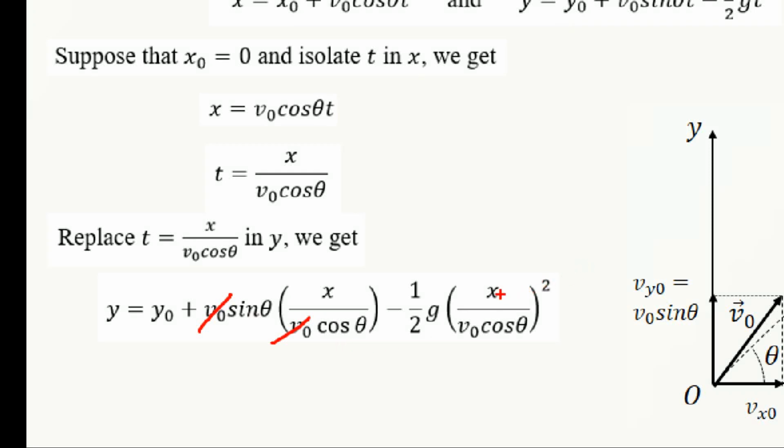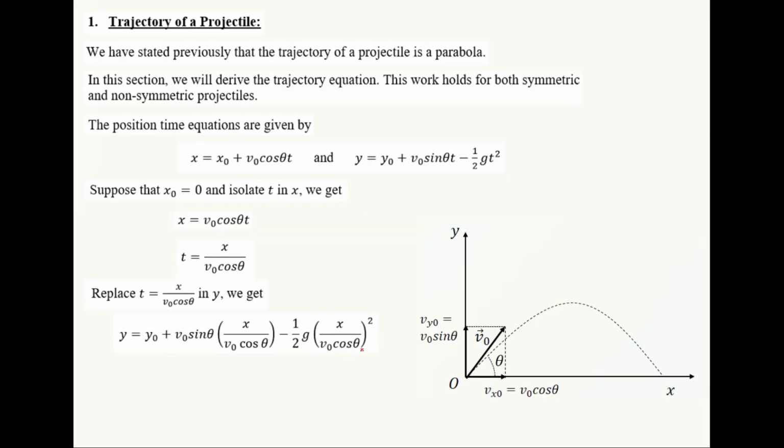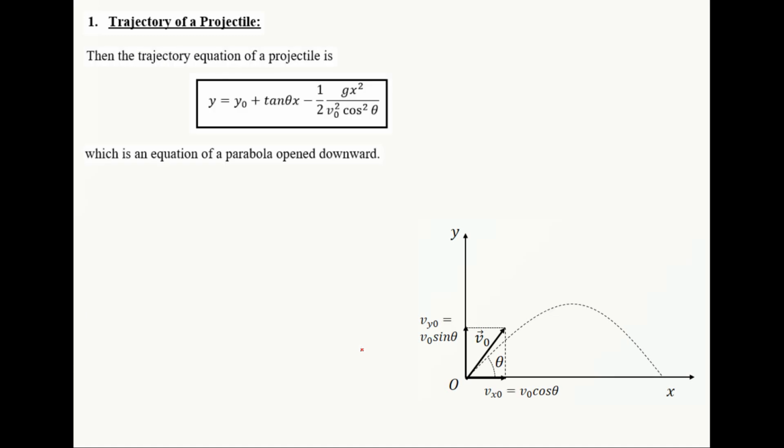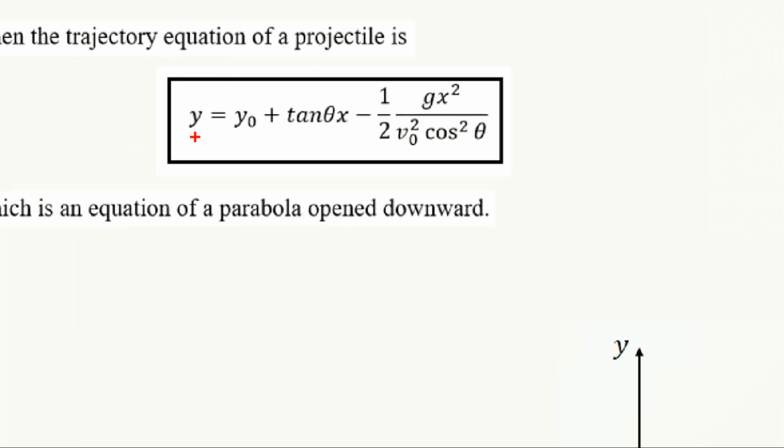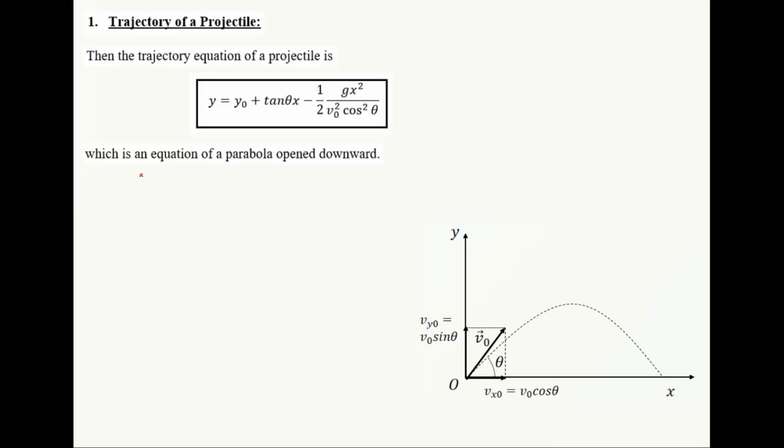The power 2 is for both the numerator and the denominator, and we're gonna have the following expression. Then the trajectory equation is given by a relation between y and x. This tangent theta and all of that would be constant for a projectile, which makes this a complete relation between y and x and no other parameter, which is an equation of a parabola opened downward.